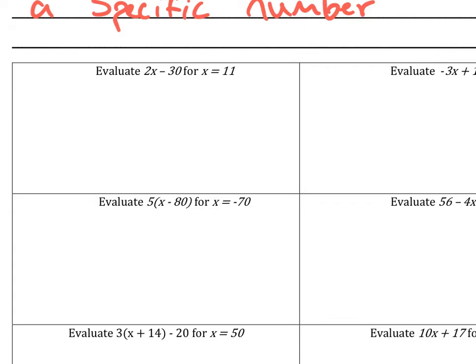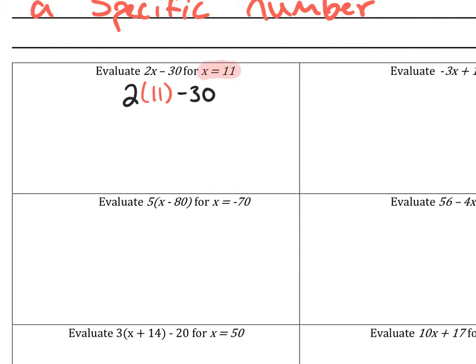That means you take whatever x value they give you and you plug it in. And then you simplify. So instead of having 2 times x minus 30, you will have 2 times 11 minus 30. Okay? Because you are going to take whatever the x value is and plug it in.